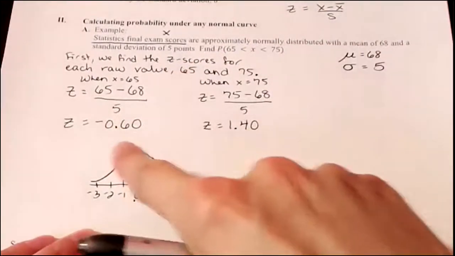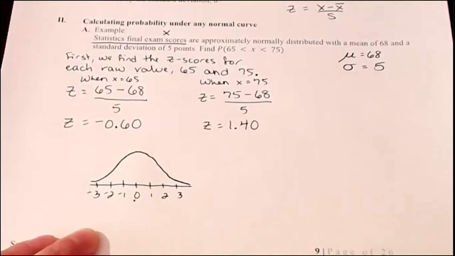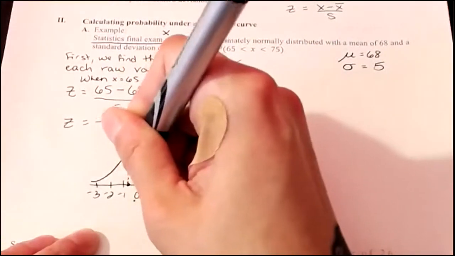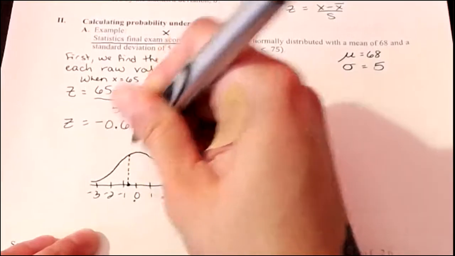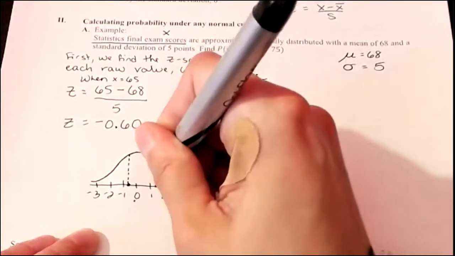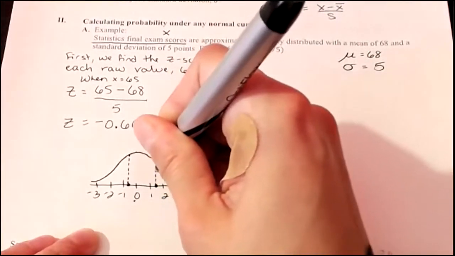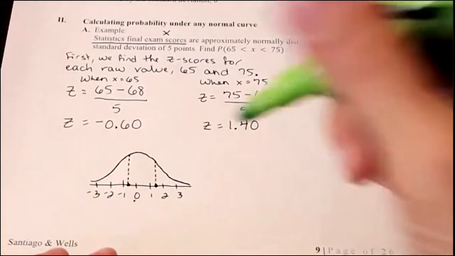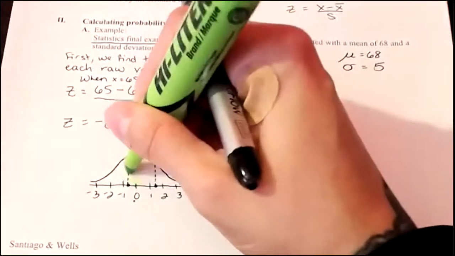We're going to plot these 2 z-scores, -0.60, that's approximately here. Draw your dotted line up. We're going to plot the point 1.40. That's approximately here. Let's draw the dotted line up. And we want to find the probability that your statistics exam score falls between a 65 and a 75. So we want the region between.